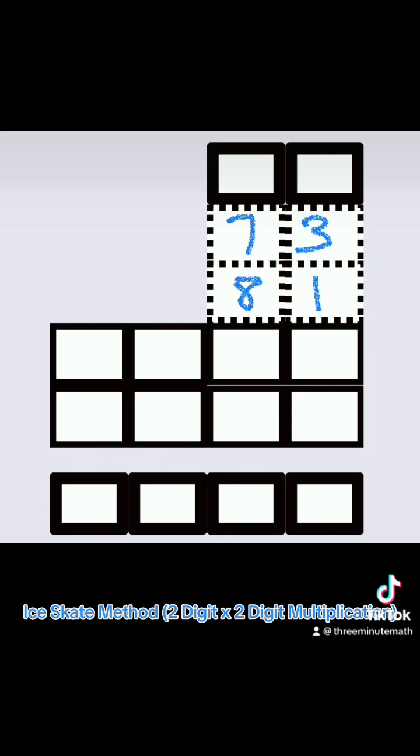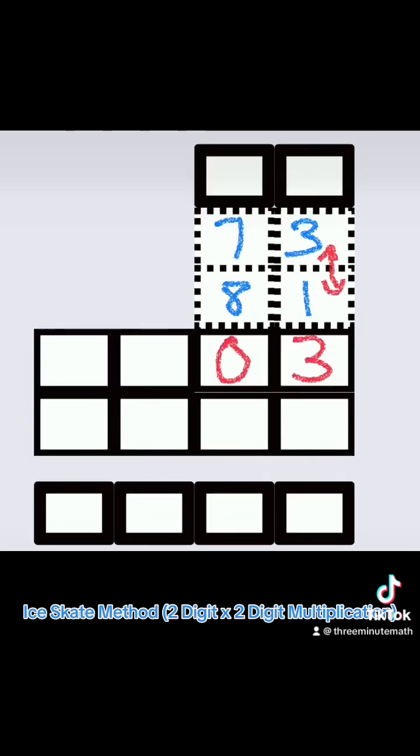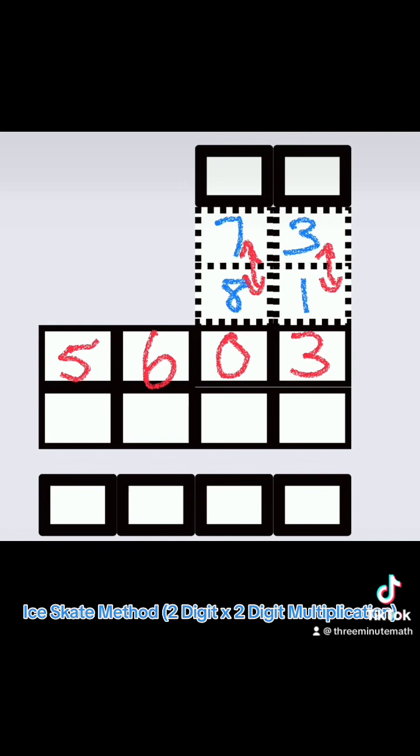Let's try another one. Remember, we're going to start in the ones. So 3 times 1 equals 3. Remember what I said previously, that whenever I get a single digit product, I'm going to put 0 in front of it. Next, we do 7 times 8 equals 56.